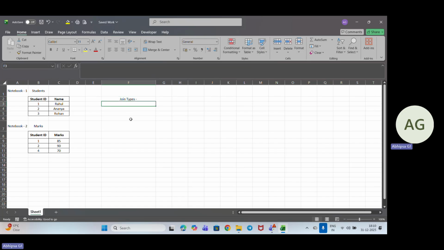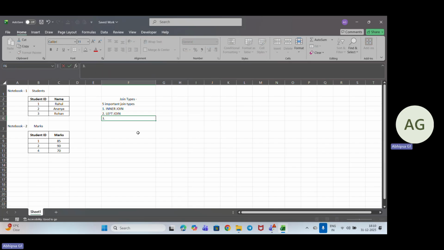Now there are five important join types. The very first one is inner join. The second one is left join.